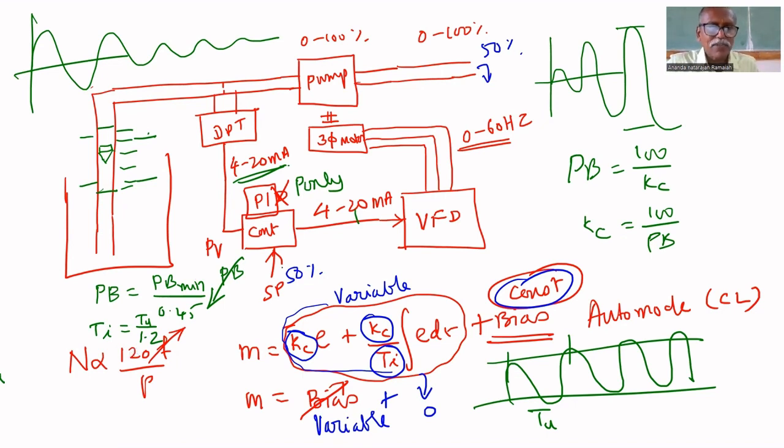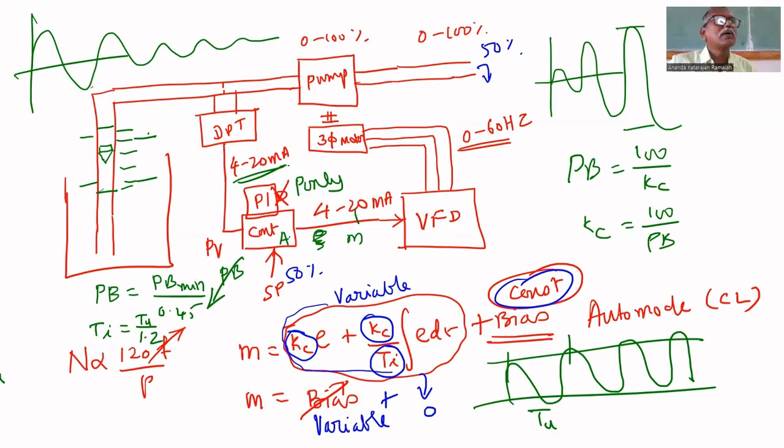It compares with the set point and gives the error. The error is given to the controller. Based on that error, the controller gives output M, 4-20 milliamps. To do this experiment, we have to put the controller in auto mode directly, because it is a fast process.